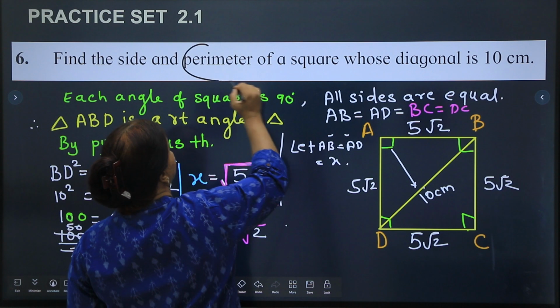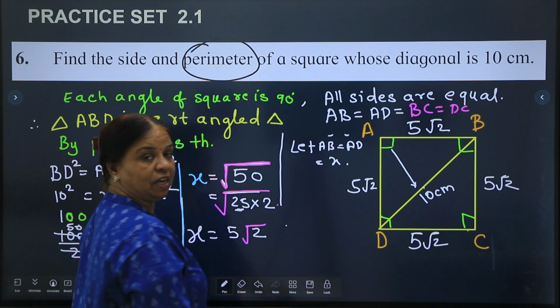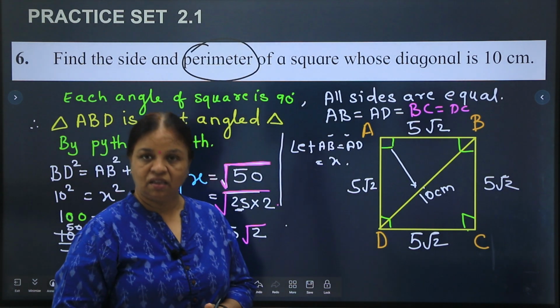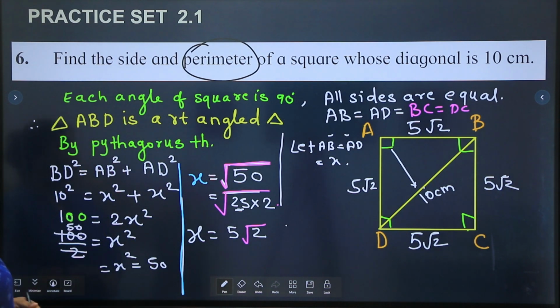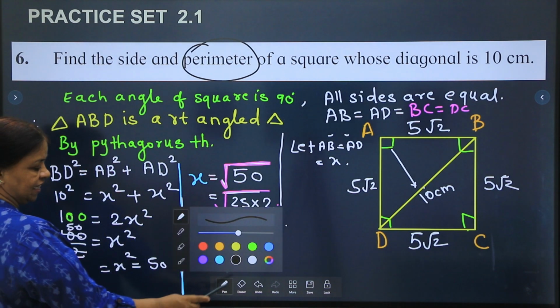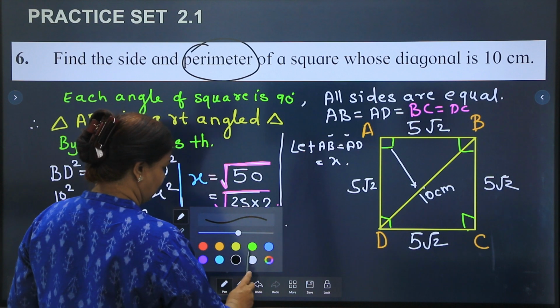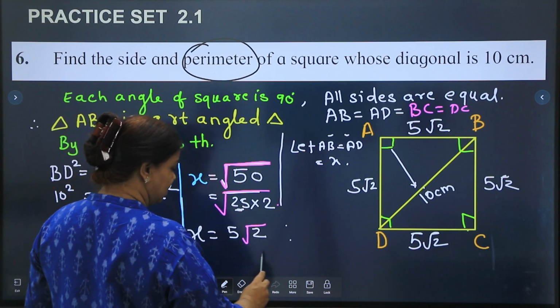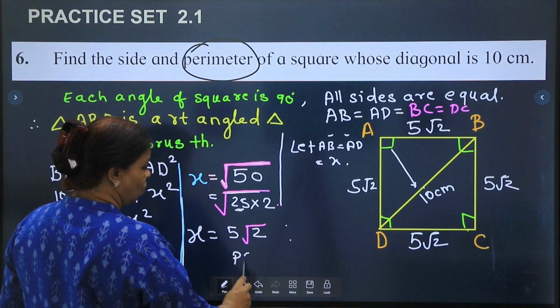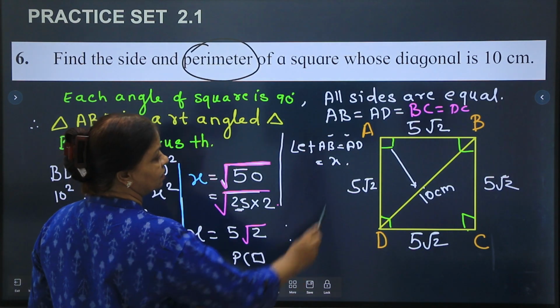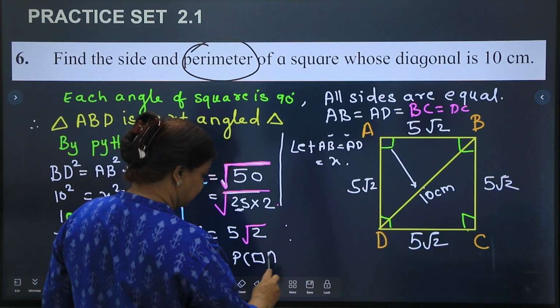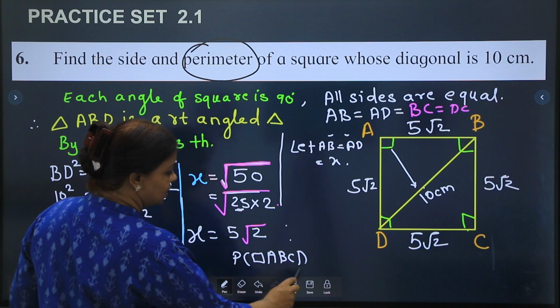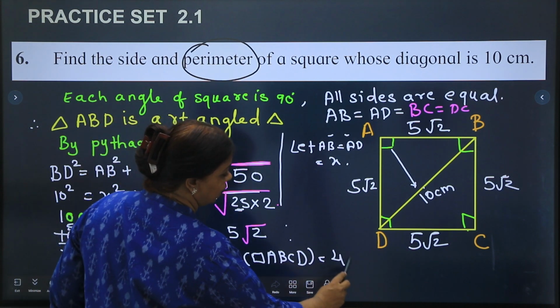What is asked? The perimeter. What is perimeter of a square? The formula for perimeter of square, 4 into side. So we can say perimeter of square ABCD is equal to 4 into side.